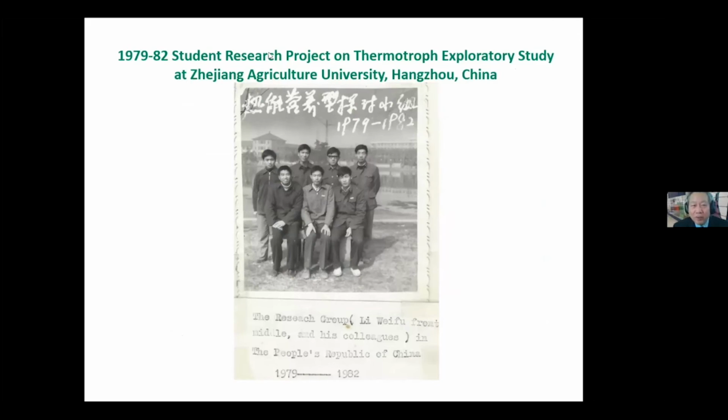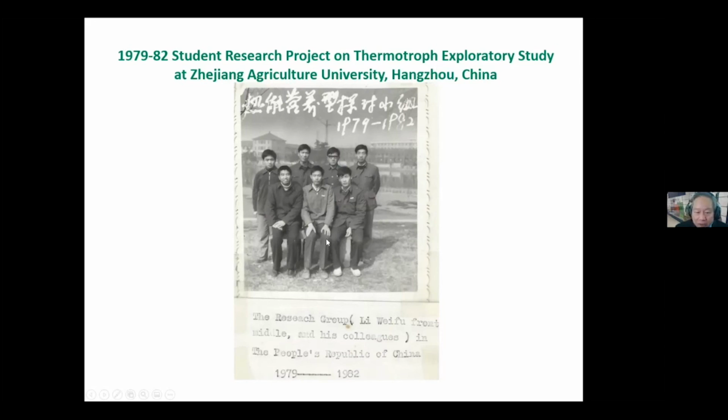I'll go back to when I was a student, in the years 79 to 82, 40 years ago. I had an idea to explore whether thermotrophic metabolism is possible.